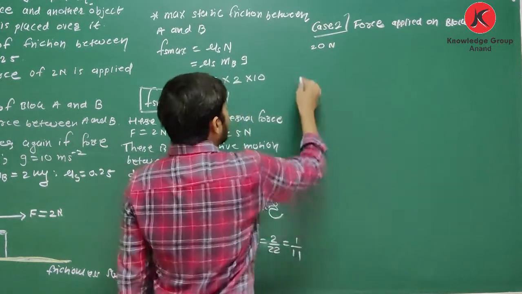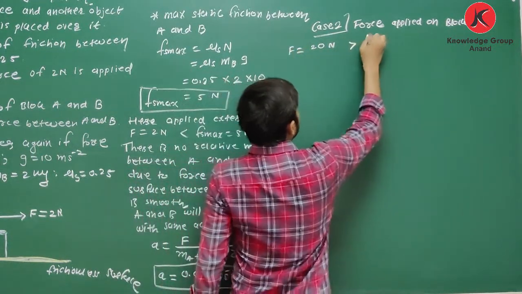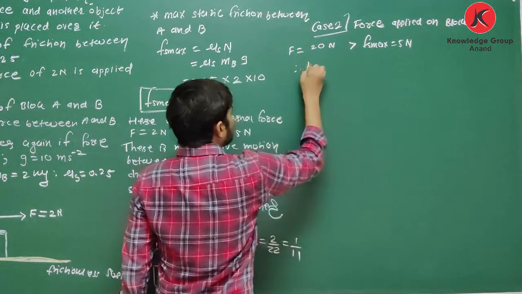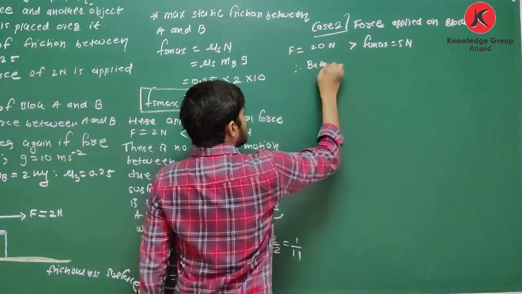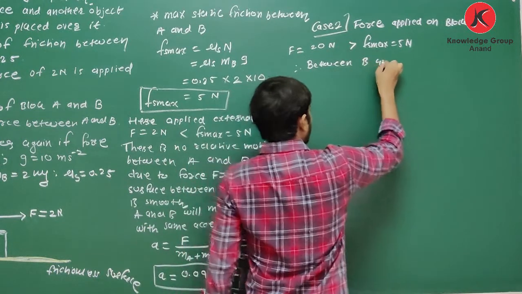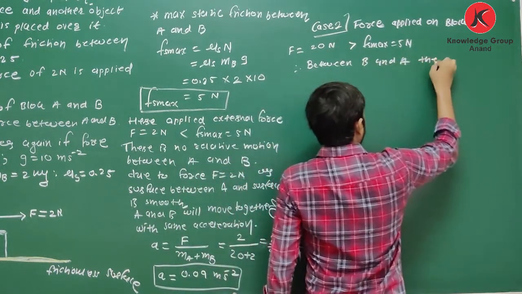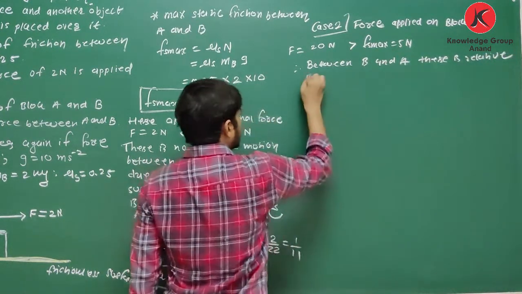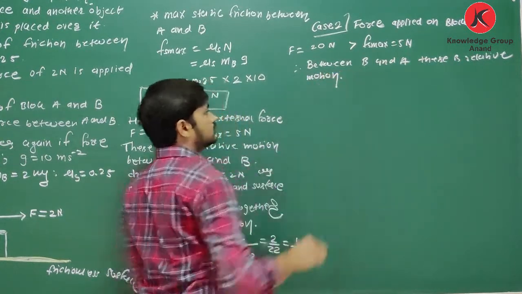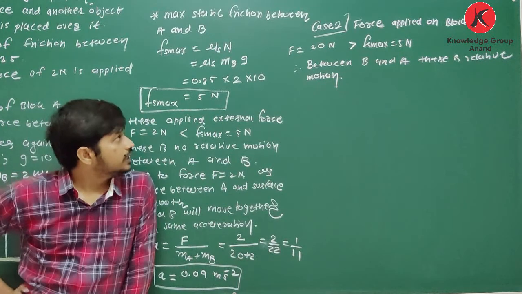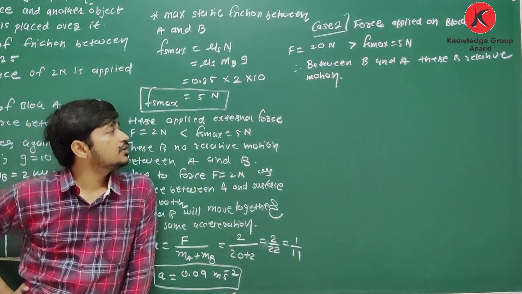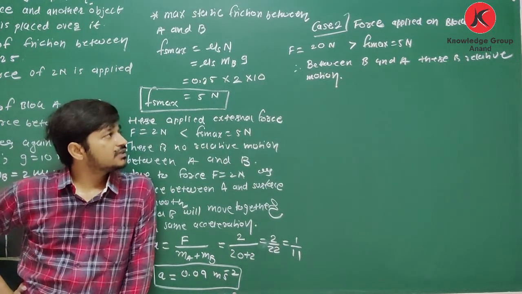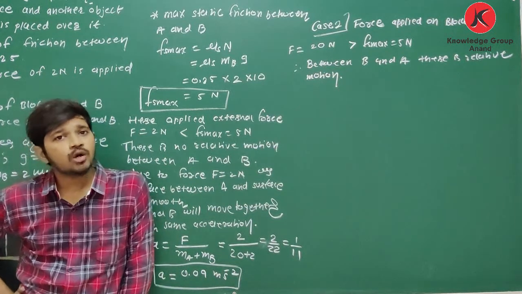F equals 20 Newton is greater than Fs maximum, which is 5 Newton. So between B and A there is relative motion. Clear about this? When the force applied on block B is F equals 20 Newton, which is greater than Fs maximum, between B and A there is relative motion. Okay.